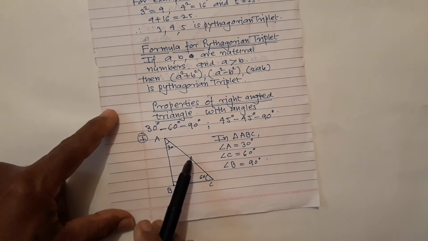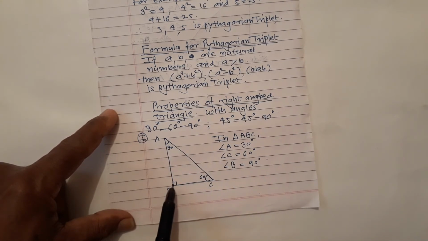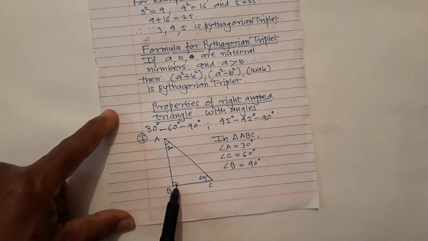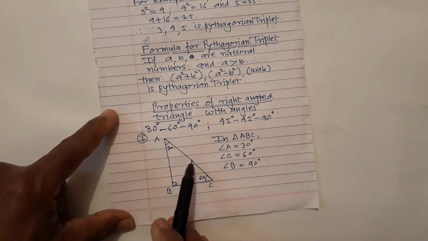This is the hypotenuse; you know the side opposite to 90 is the hypotenuse. Now what is the relation?